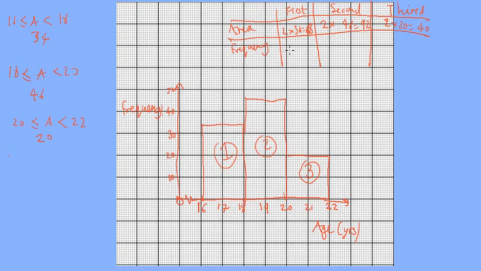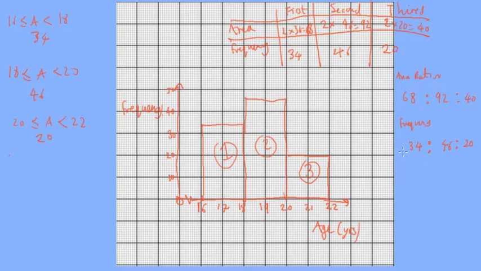And the frequency, we've got 34, 46, and 20. So if we look at these numbers as the area ratio, we have 68 to 92 to 40, and then the frequency, we have 34, 46, and 20.